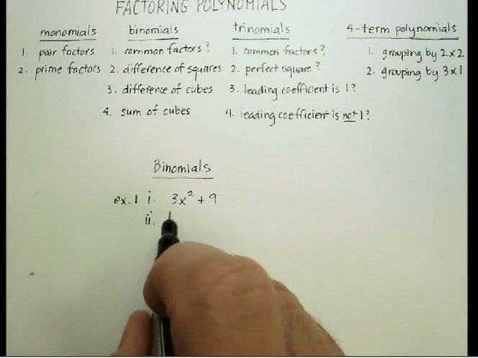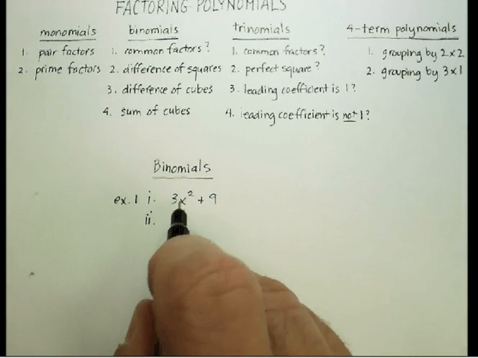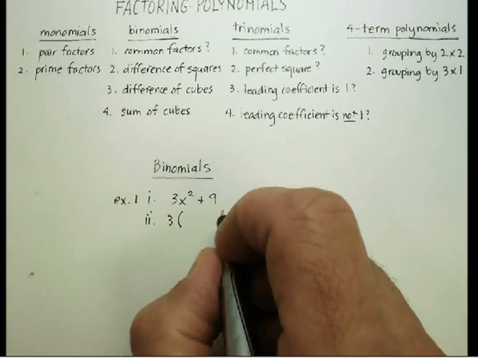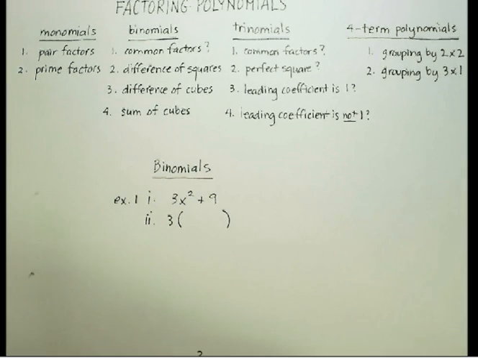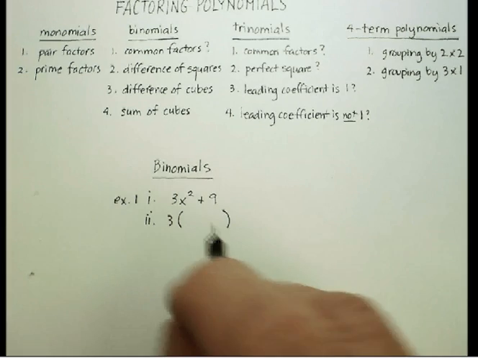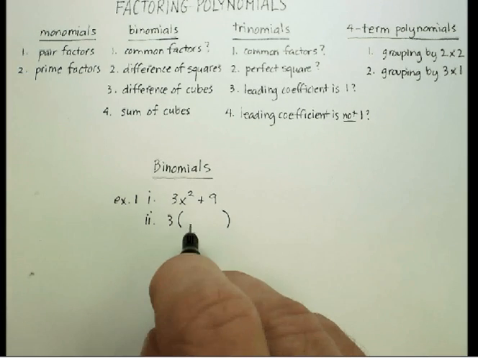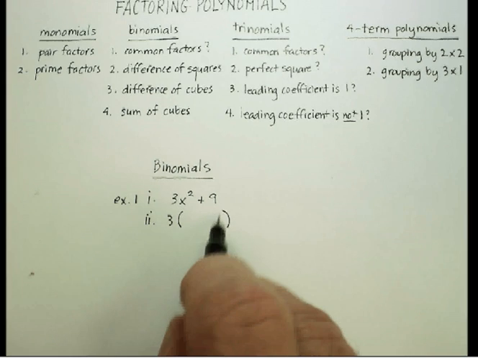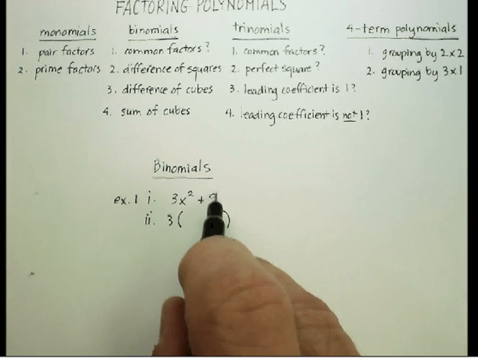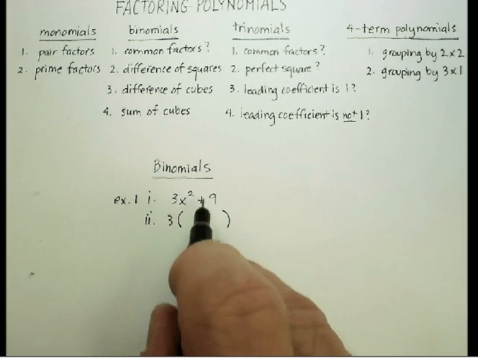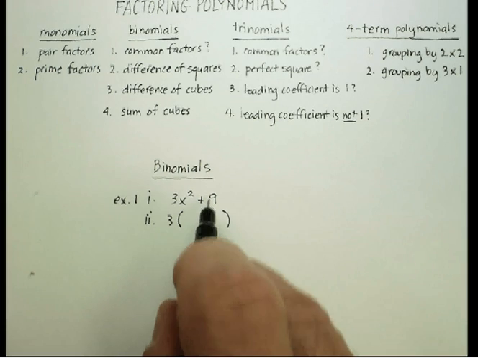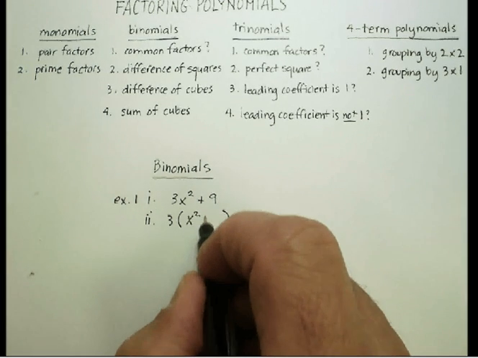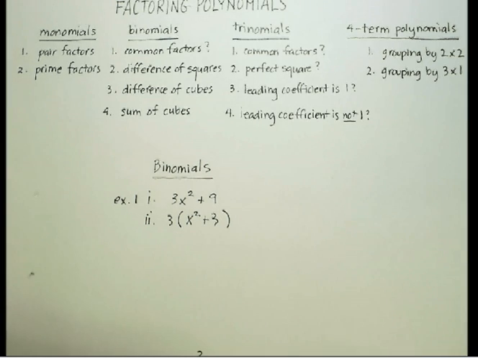I can take out a 3 from both terms. So if I factor out a 3, what's left over? Now remember, factoring is the opposite of distributing, so I want to write this so that if I were to distribute it, I would get back up this direction. It's like going two different directions: factoring this way, distributing goes that way. So I would say 3 times x squared plus 3.